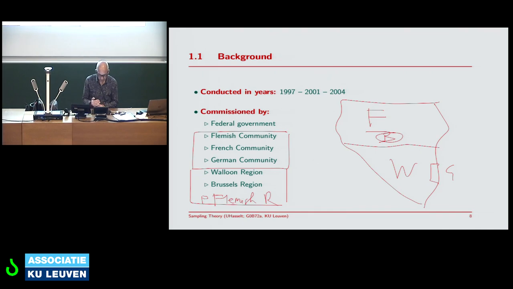Further, there are the entities, and there is also the way they are governed. Of course, there is a federal government, the Belgian government. Every community has its government, and every region, except that the Flemish region and the Flemish community, which are the largest overlapping entities. That means the Flemish region is about 6 million people.